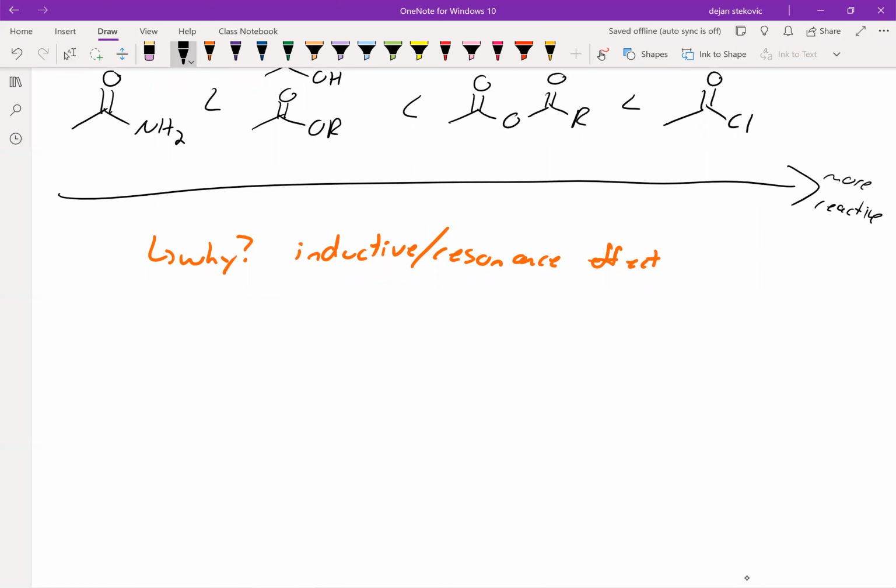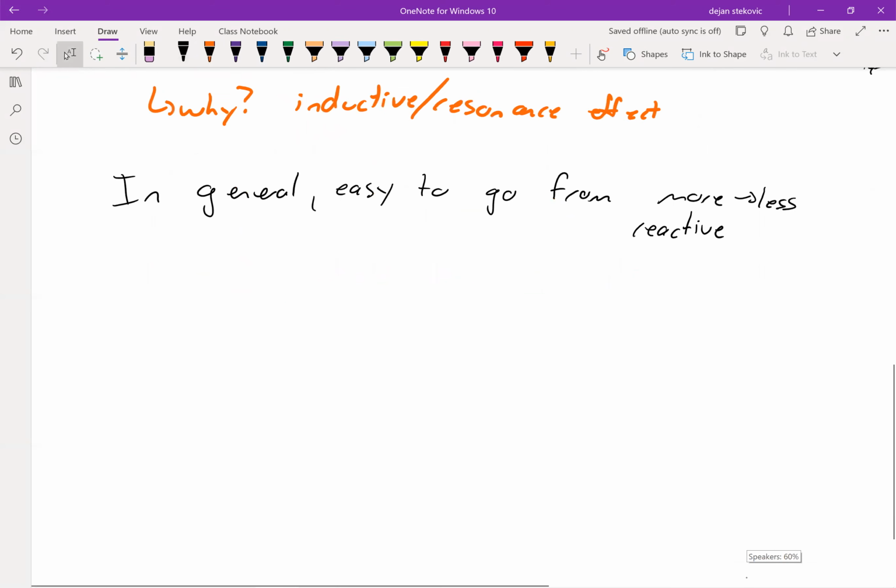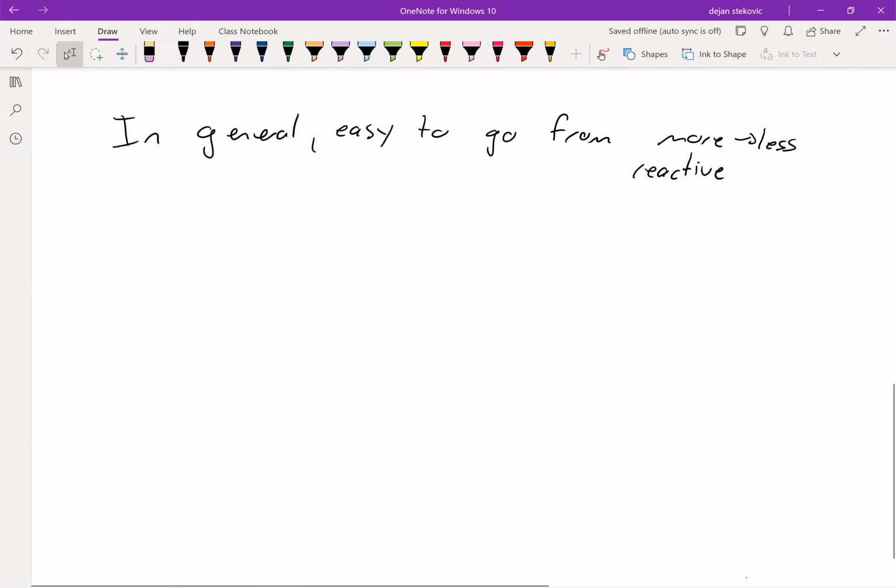So in general, it's easy to go from something that's more reactive to less reactive. Which makes sense, right? A ball rolls downhill because it goes from being more reactive to less reactive, right?